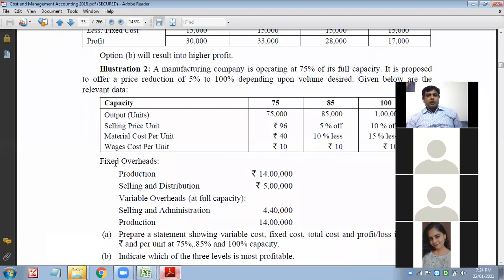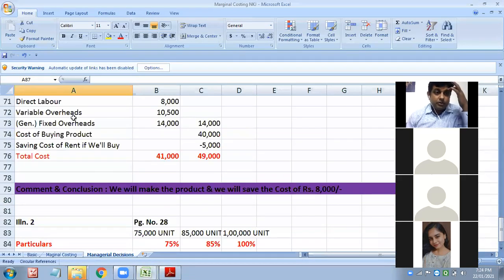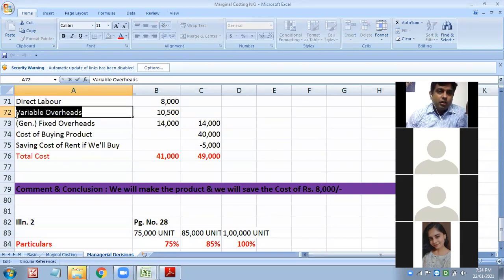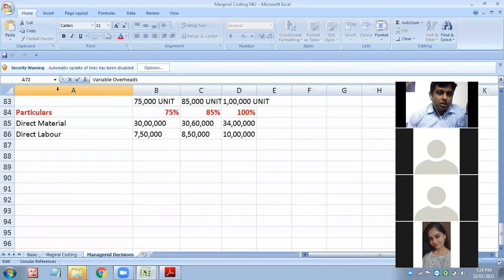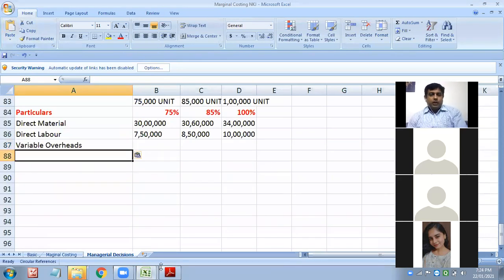Then next we have fixed overhead. But before that, we need to take variable overhead at full capacity. So let me take variable overhead first. Which are the variable overheads?